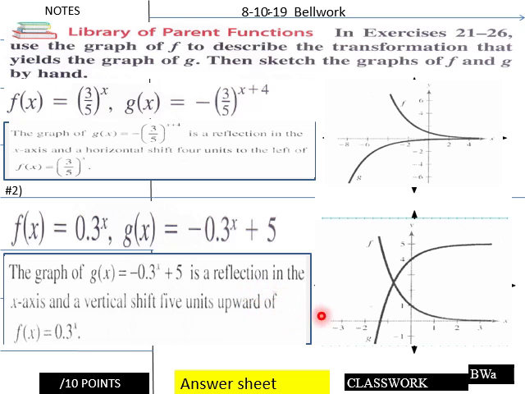Actually, it shifts up 5 here, but the y-intercept is at 4, because when x equals 0, negative 0.3 to the 0 power is negative 1, plus 5 would be 4. But this is definitely a vertical upward shift of 5.